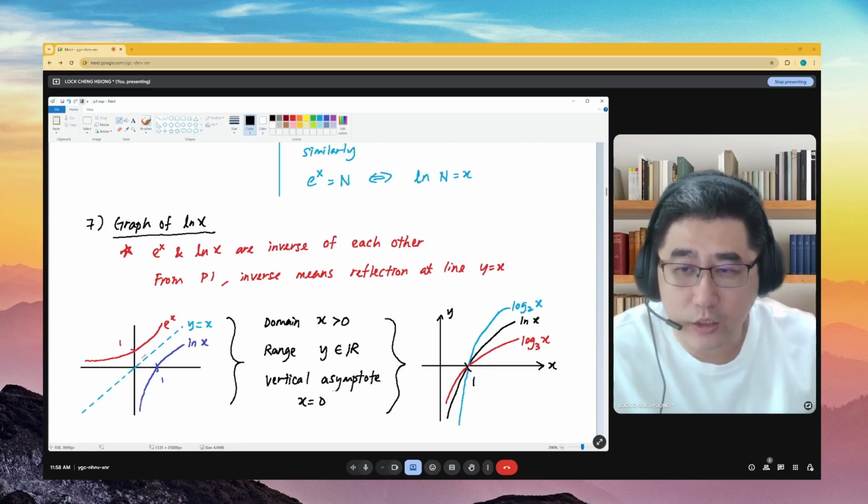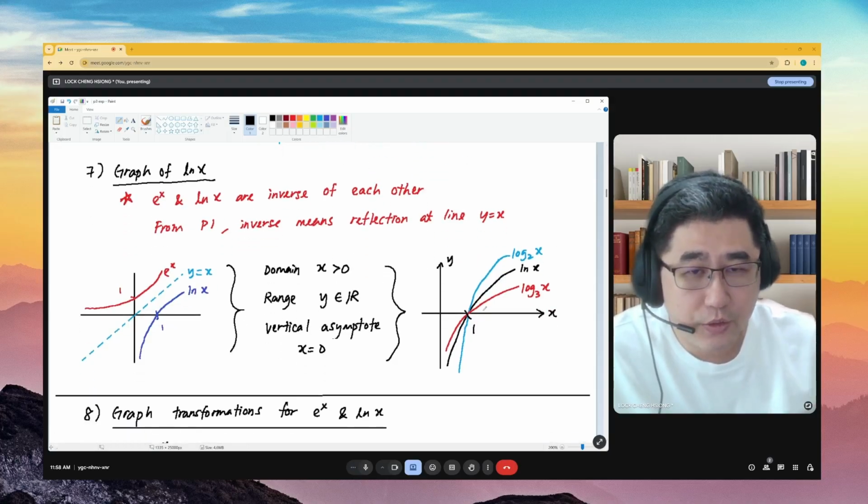So we have the line y equals x, the curve of e^x, and under the reflection you have the ln x graph. Here, the domain is greater than 0, the range is everything, and you have the vertical asymptote x equals 0. If you want to compare with different bases, ln has base e, 2.7 something, so 2 is over here, the blue color, 3 is over here.